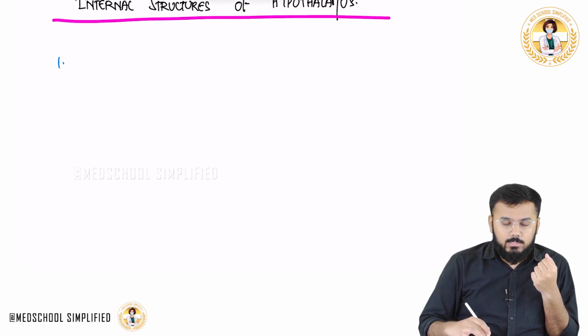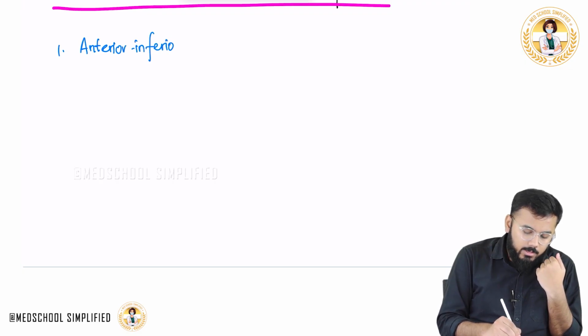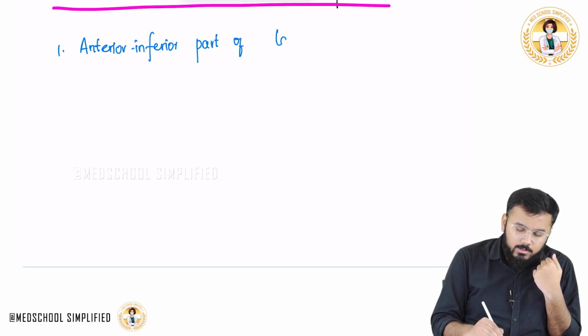The first important thing is the structures of the anterior inferior part of the lateral wall of the third ventricle.